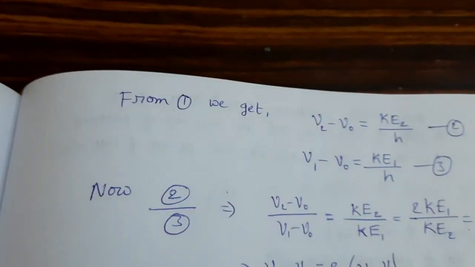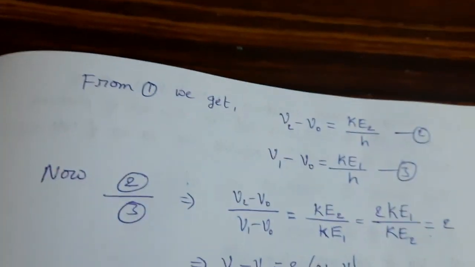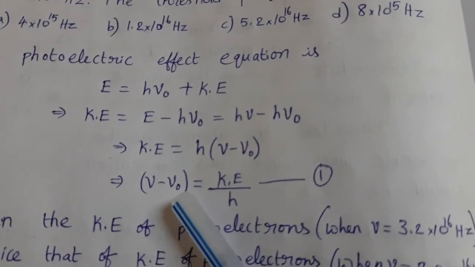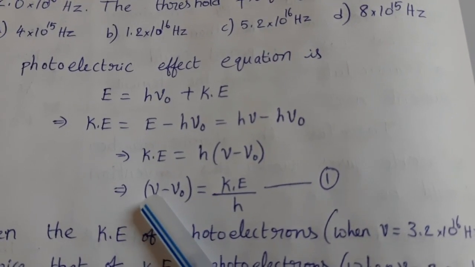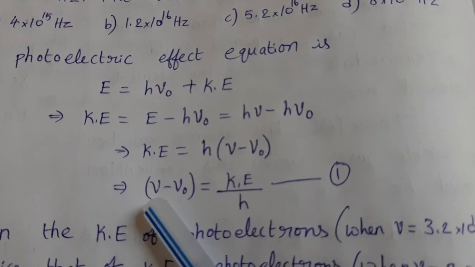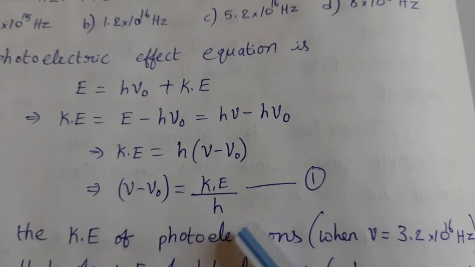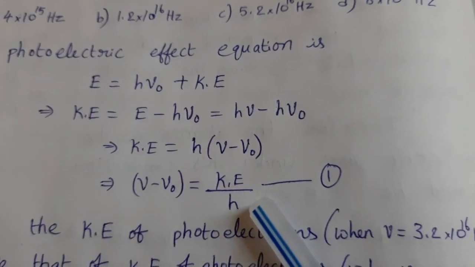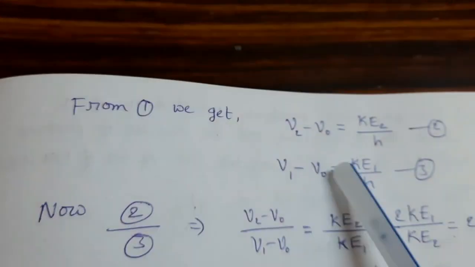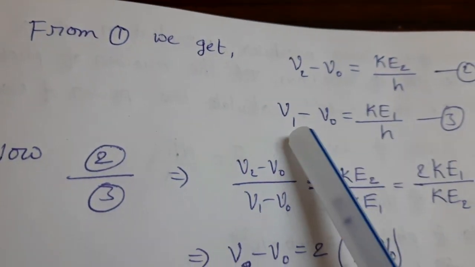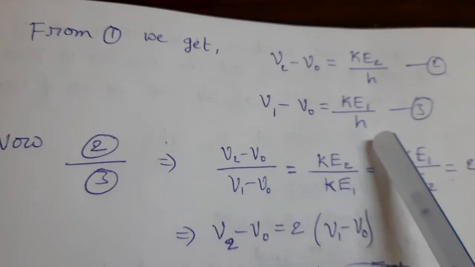Okay. Now, from 1, this expression, let it be 1. So in the first case incident radiation is nu1, second case nu2. So for these two cases, if we apply this formula, then we can get nu2 minus nu naught equal to ke2 by h, nu1 minus nu naught equal to ke1 by h.